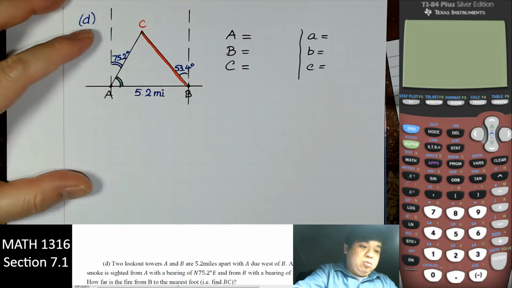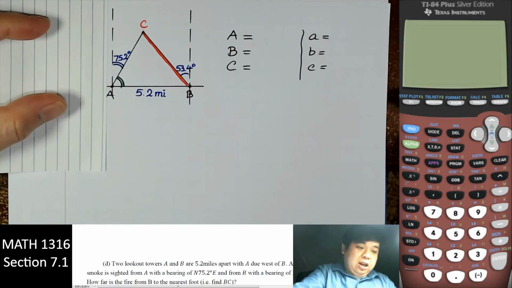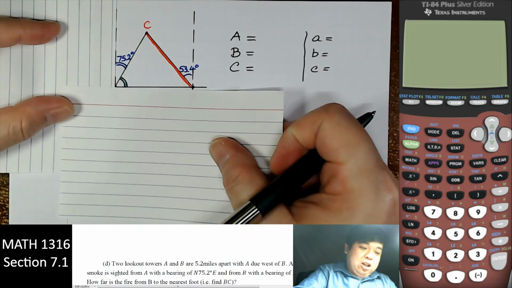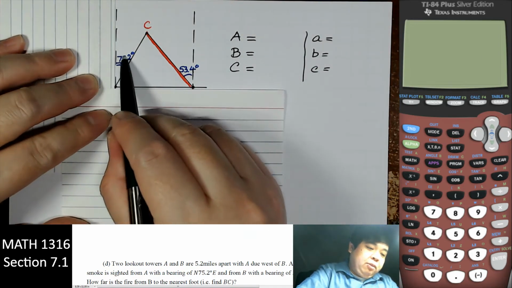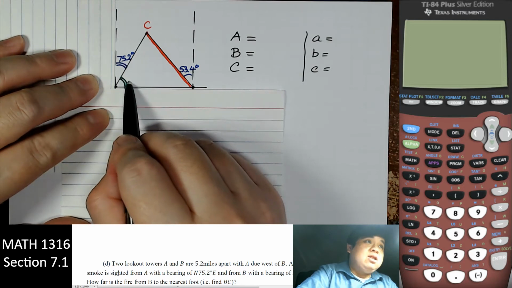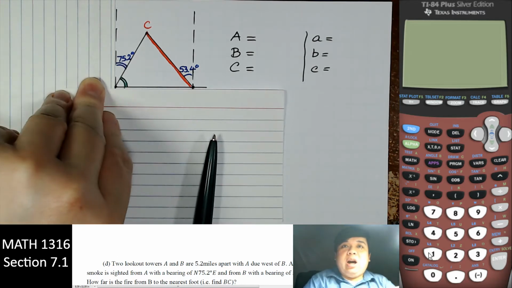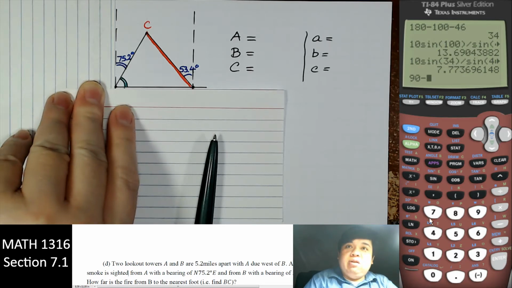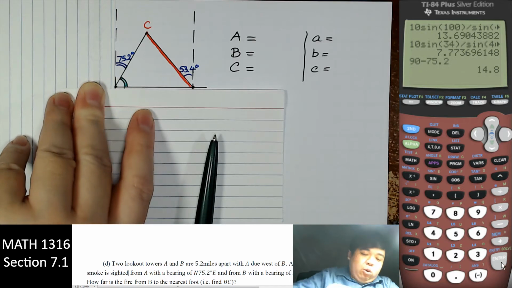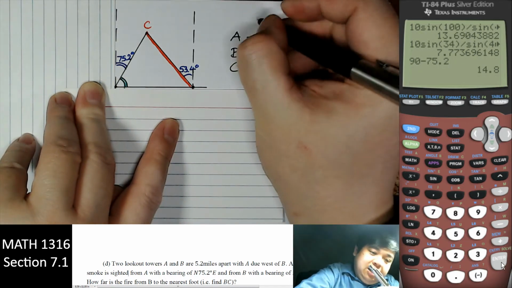Good thing is this is between the north and the east-west, so that is 90 degrees in total. 90 degrees minus 75.2 gives us this angle A. So 90 degrees minus 75.2 is 14.8.